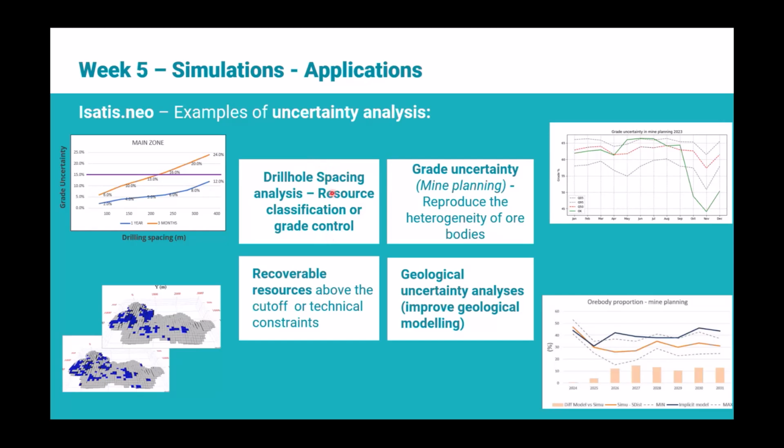But also for the grade uncertainty, consider the ordinary kriging, which is the green solid line. In this one, we don't have a real assessment of the uncertainty.